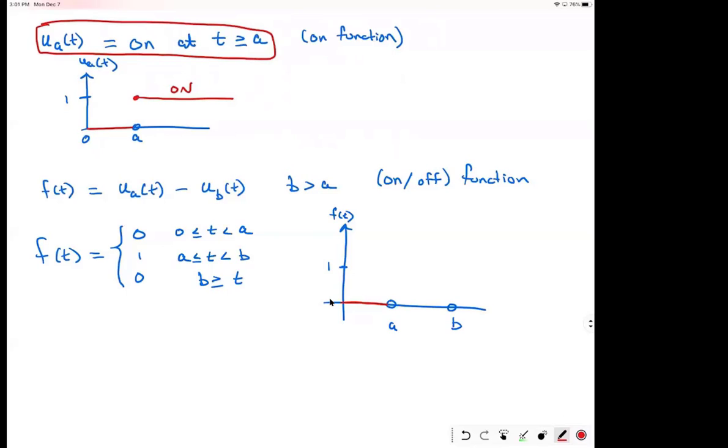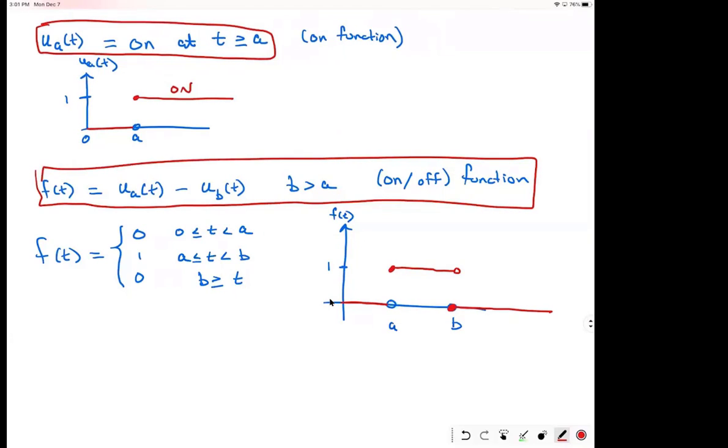We switch it on, and it becomes engaged at a, and it's on until it gets to b. So this is an open circle up here at b, where it turns off and runs off. And so this is our on-off function. So we've switched things to on and off.